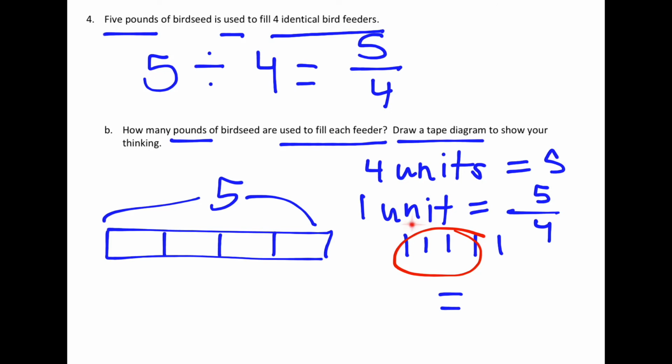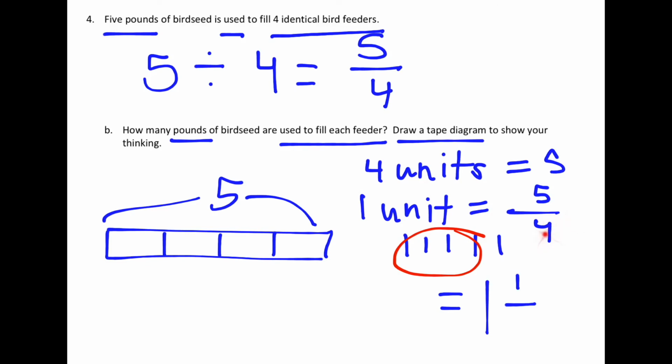So, how many wholes do I have? How many groups of 4 was I able to make? Just 1. And how much was I left over with? Just 1. And remember, in fractions, the denominator stays the same.